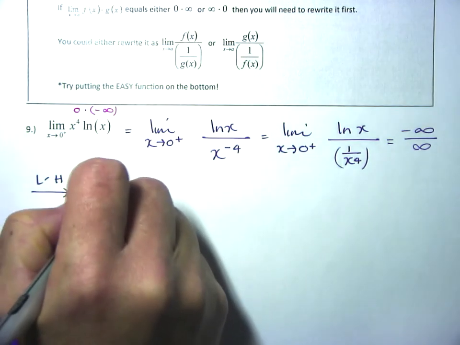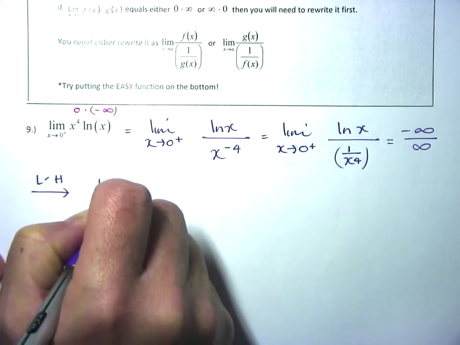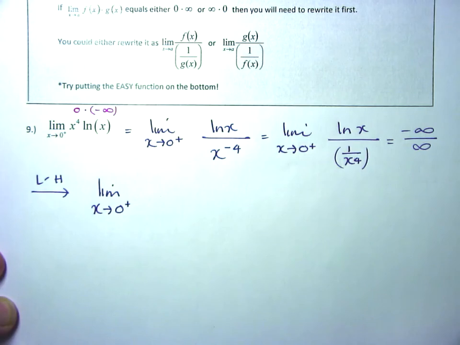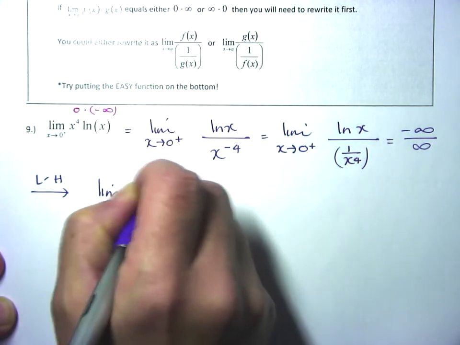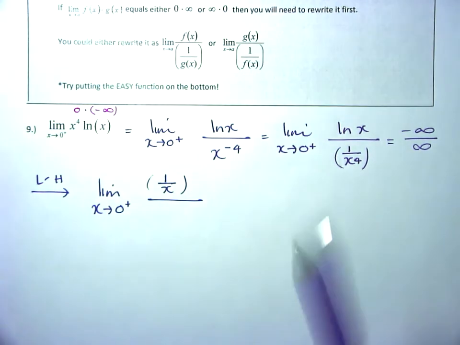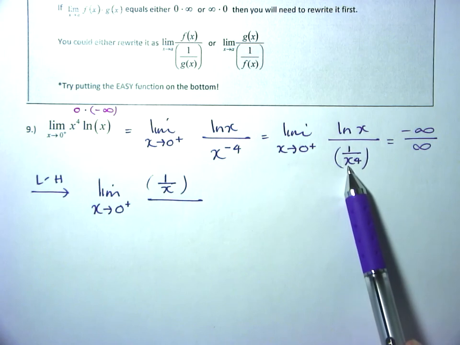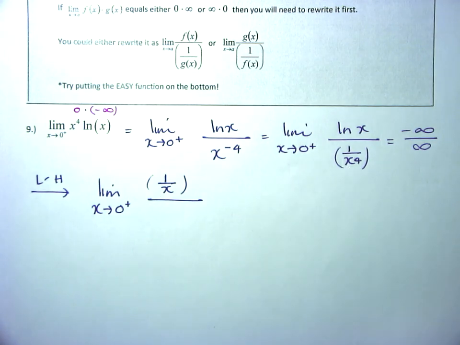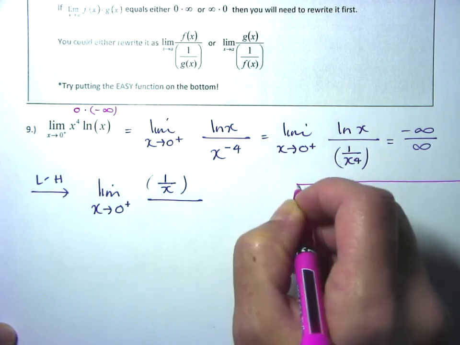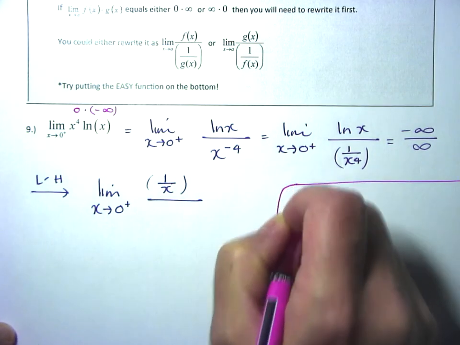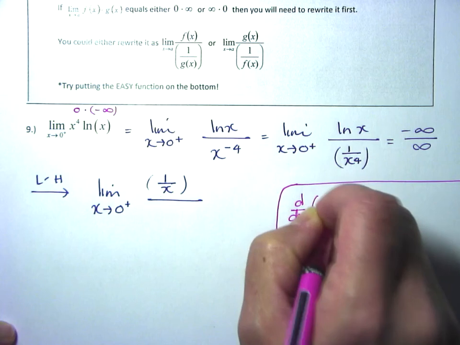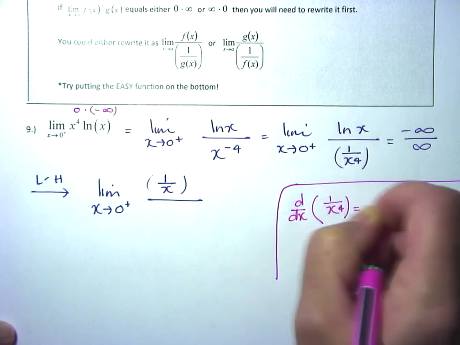So this will be the limit as x approaches 0 from the right-hand side. All right, derivative of the top. The derivative of natural log of x is equal to 1 over x divided by the derivative of 1 over x to the power 4. You know what? Let's quickly find what this is. The derivative with respect to x of 1 over x to the power 4.